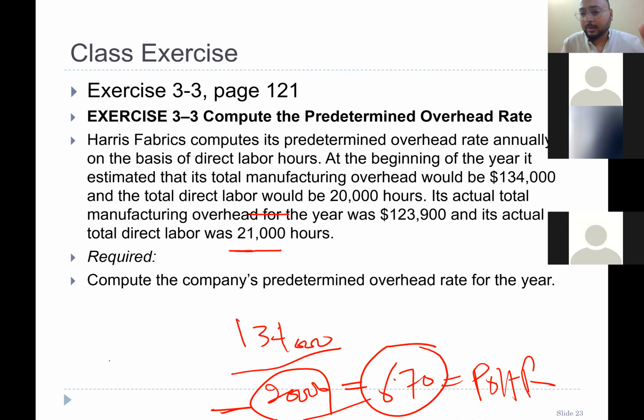Now the question is, can you compare 6.70 with the actual manufacturing overhead?